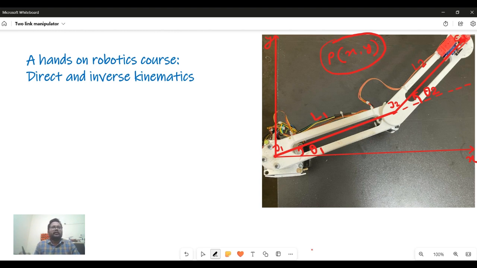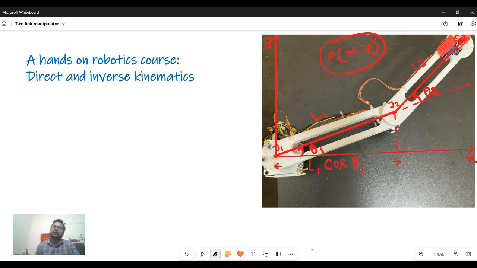So first we will derive the relation for direct kinematics. As you can see, this is length L1. The projection of this L1 over the x-axis, from this location to this location, will be L1 cos theta 1.